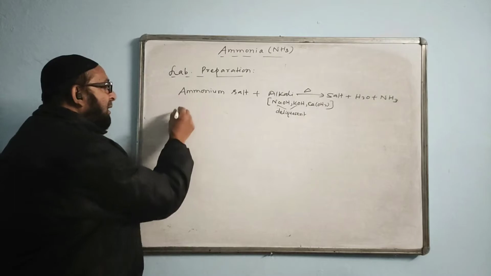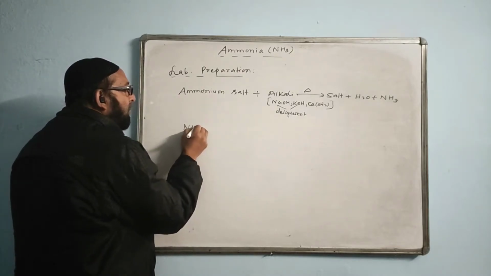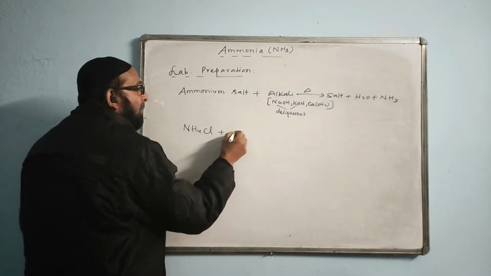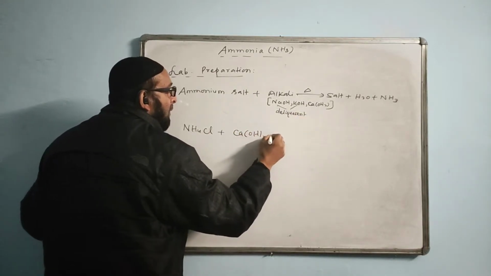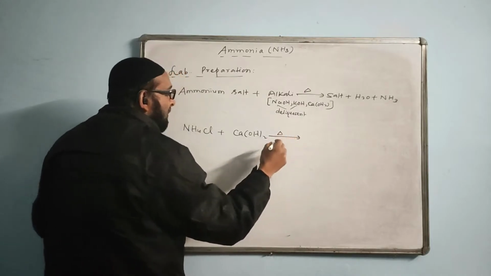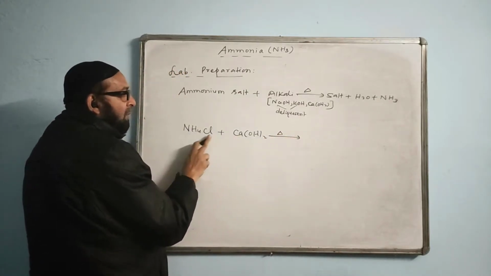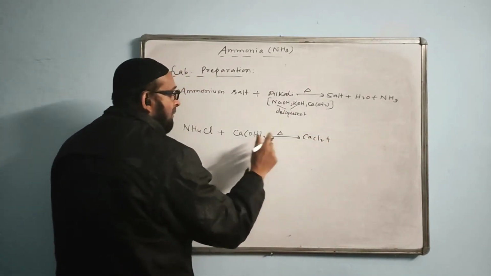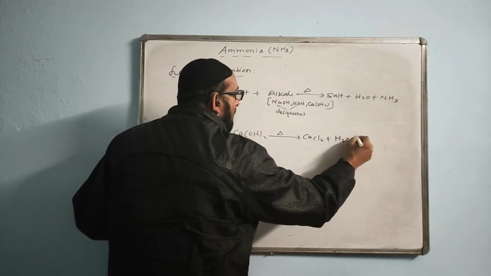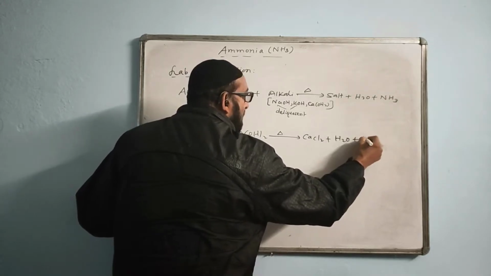Now the reaction I have written already here. If I write ammonium chloride plus alkali, I should choose this one, the non-deliquescent alkali. And I have to heat, then I will get the answer like this. Ca will combine with this Cl. So I will write CaCl2, then plus H2O plus ammonia.